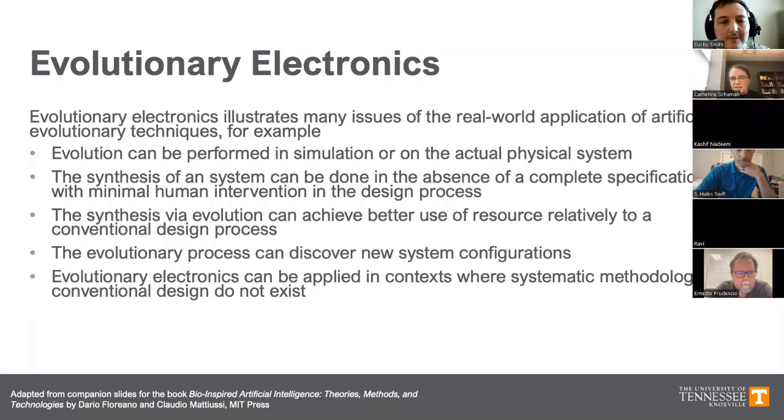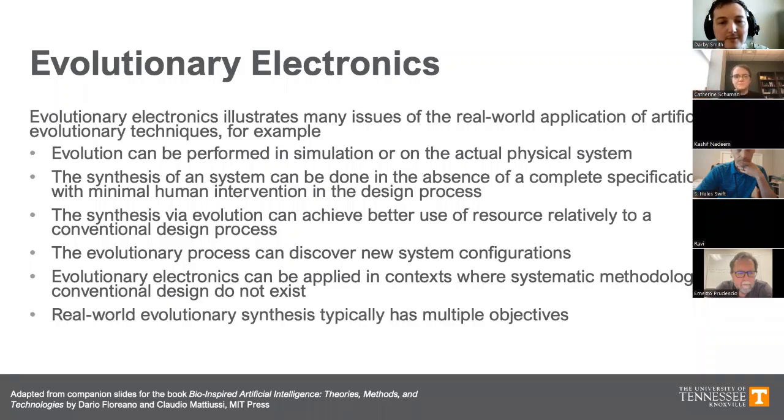They can be applied in contexts where systematic methodologies of conventional design do not exist. So they're really popular in the space of analog chip design because we don't have systematic methodologies for designing systems in analog. But of course, they can also be used when you do have systematic methodologies and maybe get a better use of resources.